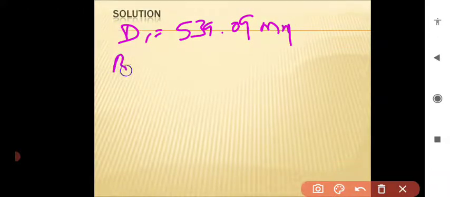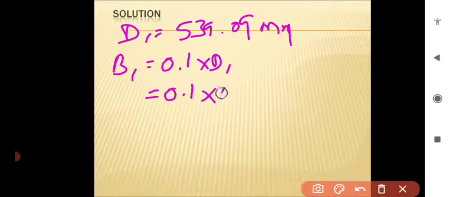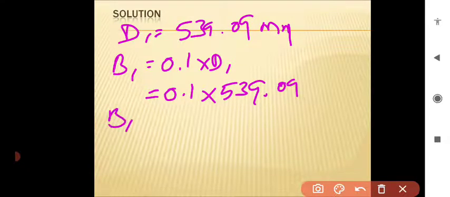So from this we will get b1 is equal to 0.1 into d1, so that is equal to 0.1 into 539.09. We will get b1 is equal to 54 mm.